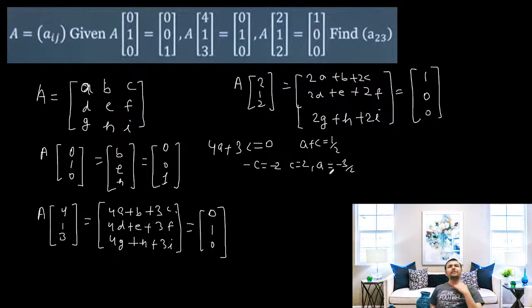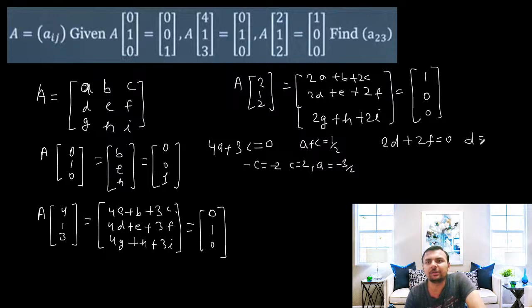So this is the way we have to find A. Second row, we have to find the value of E. Second row, third column, we have to find the value of F. Okay. So we can say that 2D plus E is 0, 2D plus 2F is 0.